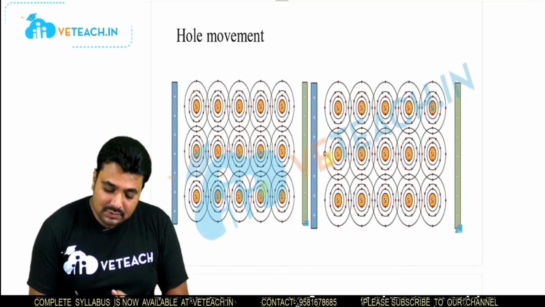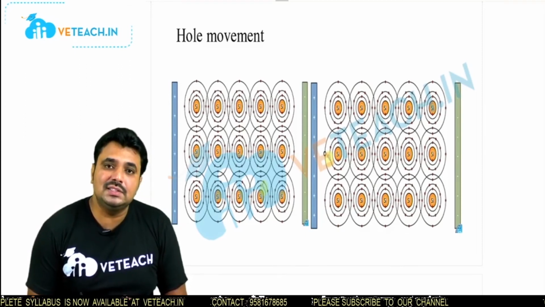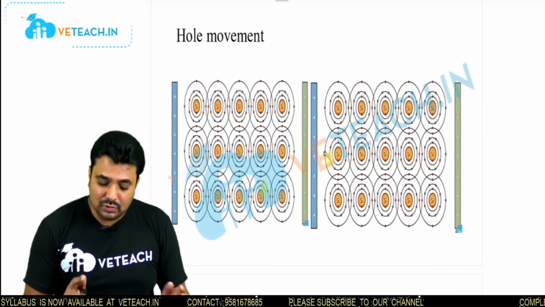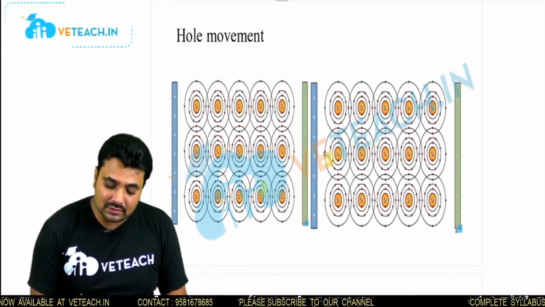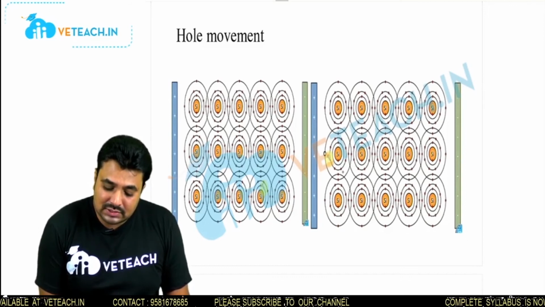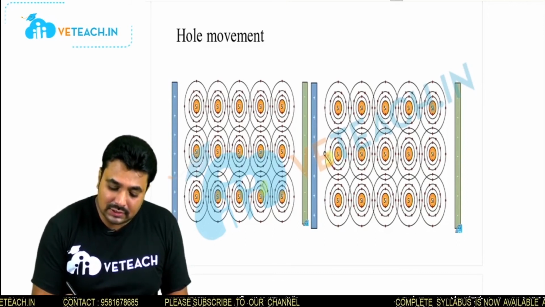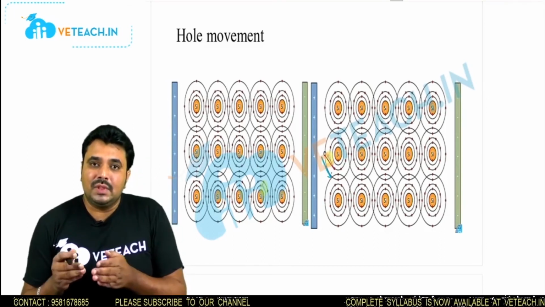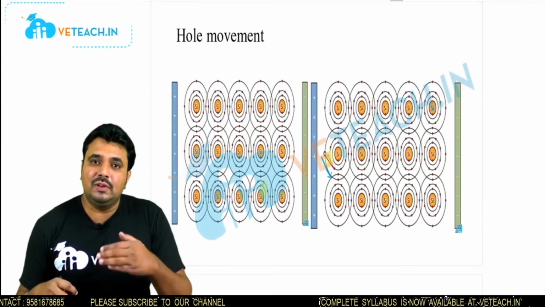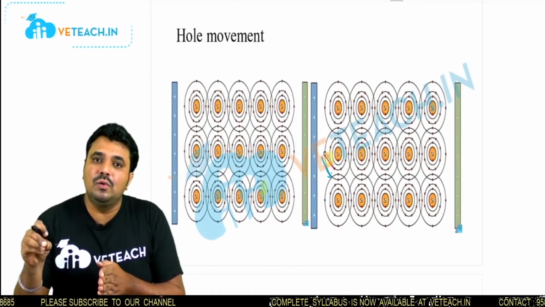The process of another covalent bond electron filling the hole is called recombination. Due to recombination, the holes are going to move, and so are the electrons. You can see the direction of the hole is like this, and the electron direction is quite opposite to this. What is the meaning of that? The hole is going to be filled by one electron, and from where that electron came, the hole will be created there itself.